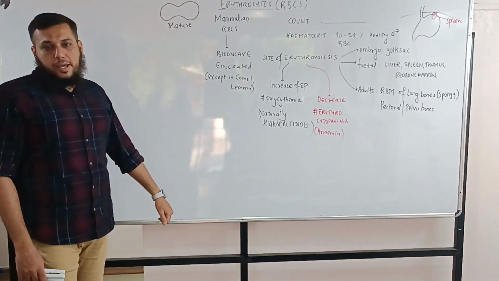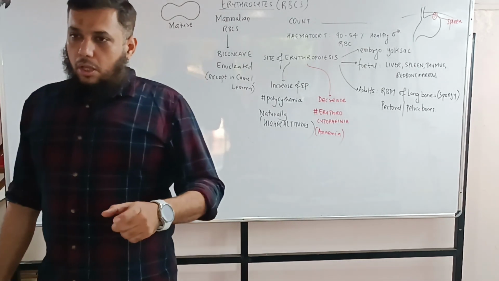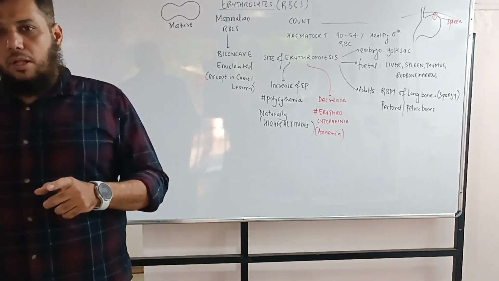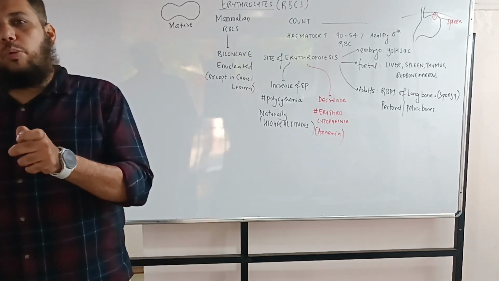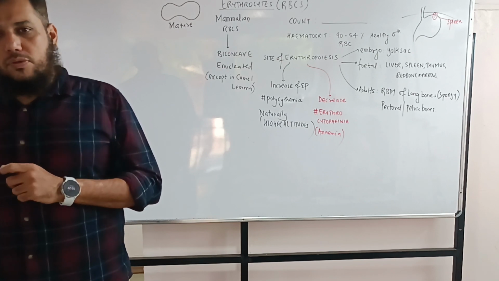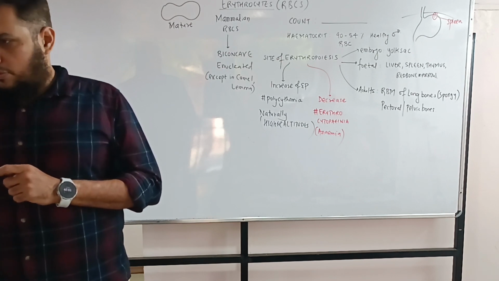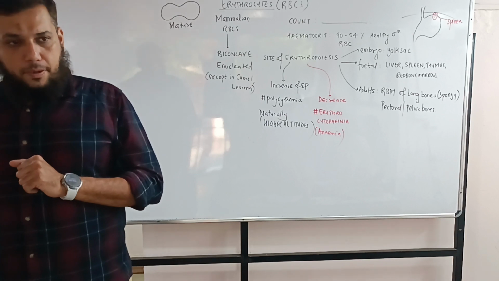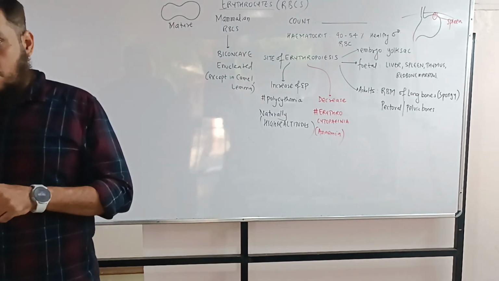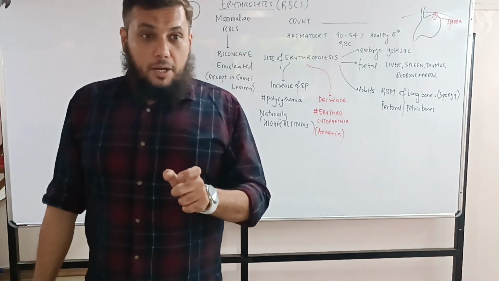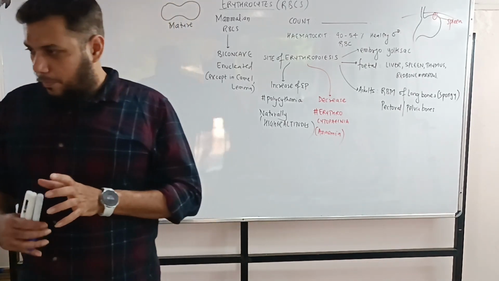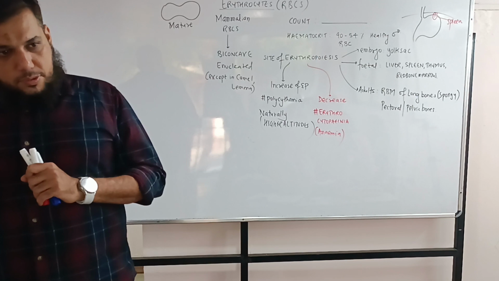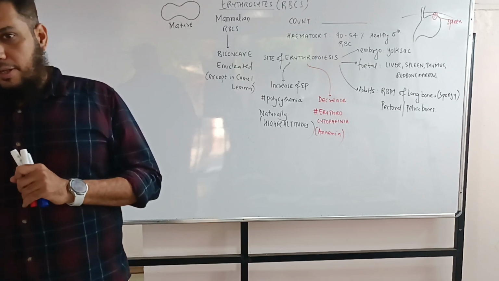So if the statement is: human RBCs are always enucleated. Nandini will tell us. True or false? True. I'll say false. Mature human RBCs are always enucleated.